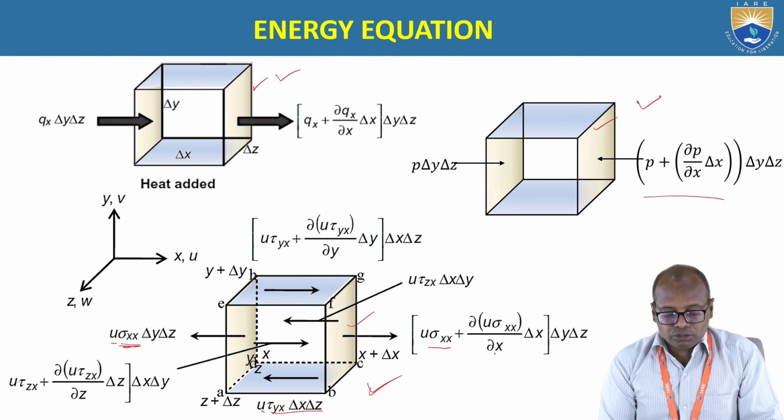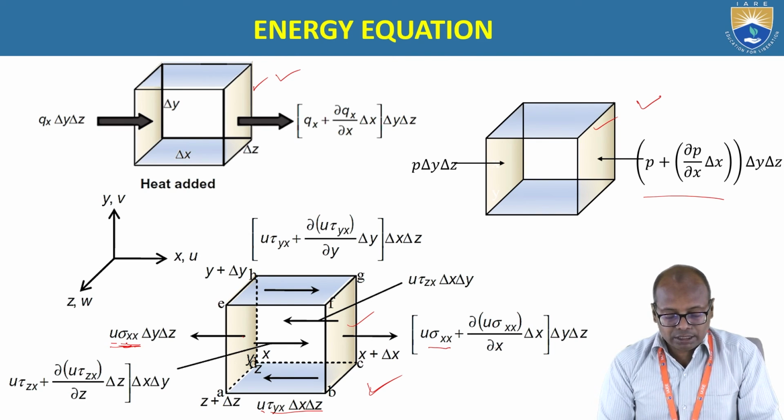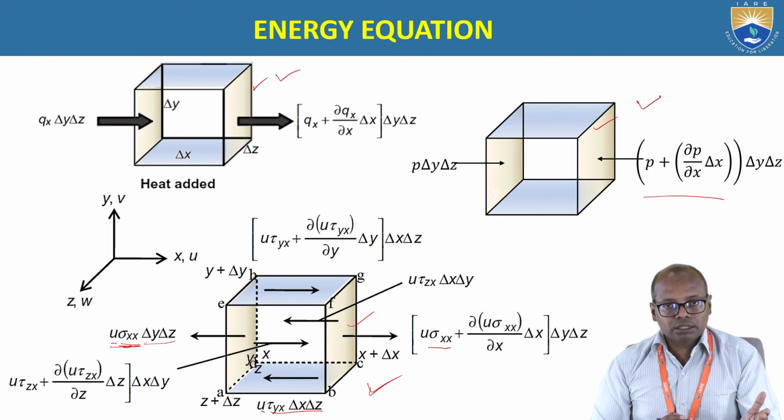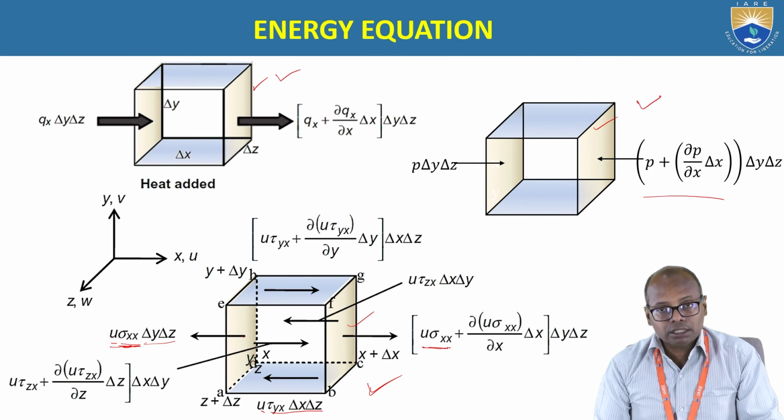The u into sigma xx into area gives the work done on the left face. This is the stress and velocity product.